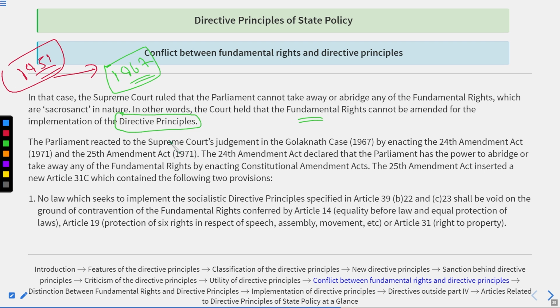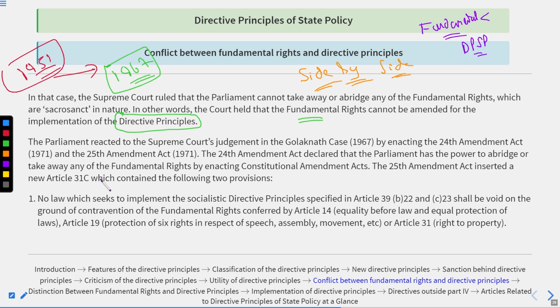It means that only provisions could be made so that they both could be implemented side by side. But it could not be done in a situation where the fundamental rights would have to follow in comparison with the DPSP, or the directive principles of state policy.